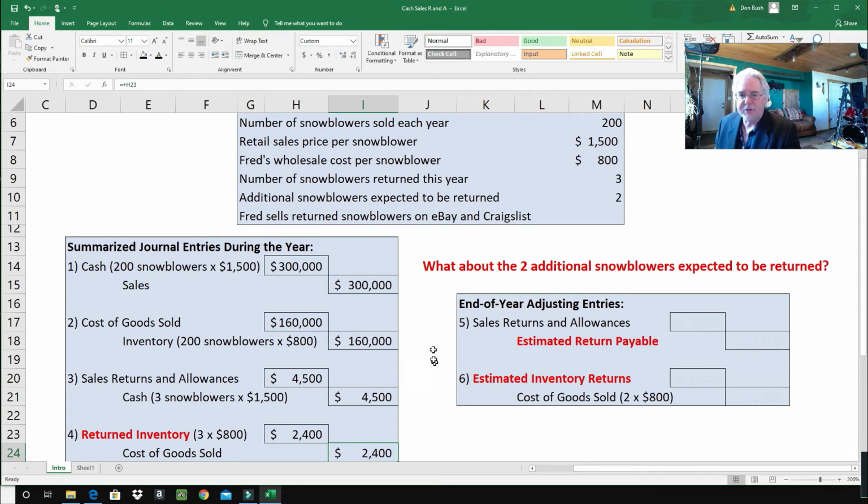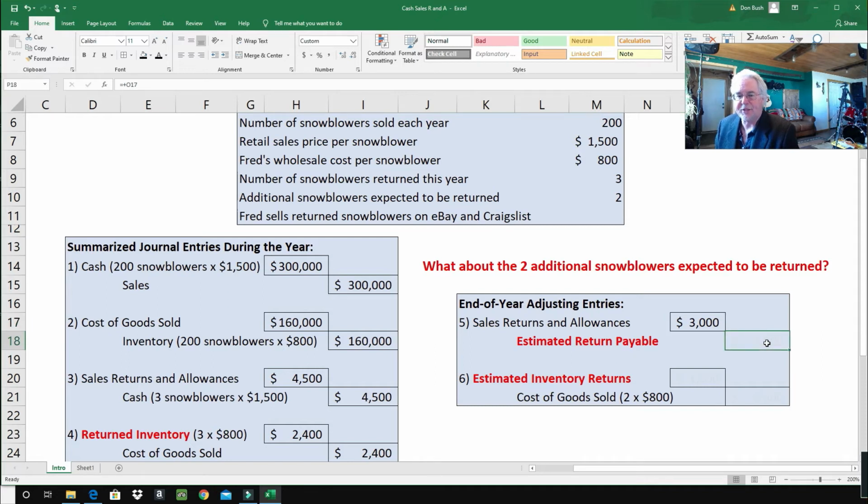Sales returns and allowances. Now this has to do with the 2 additional snowblowers that Fred believes are going to be returned. He doesn't know when, he doesn't know who, but he has a feeling they will be returned. And he doesn't want to overstate his sales and how he did during the year, so he's going to take this into account. So 2 snowblowers at $1,500 each, $3,000, and sales returns and allowances is a contra sales account.